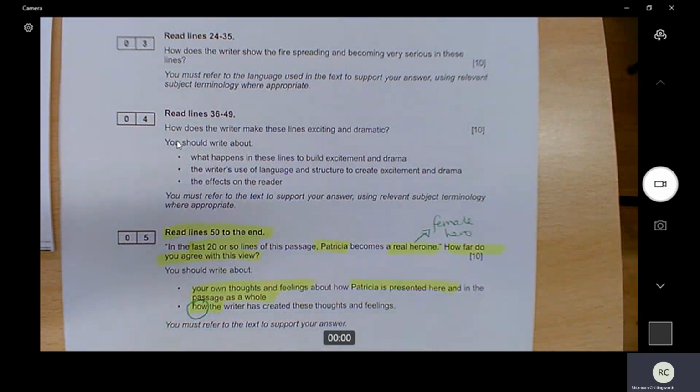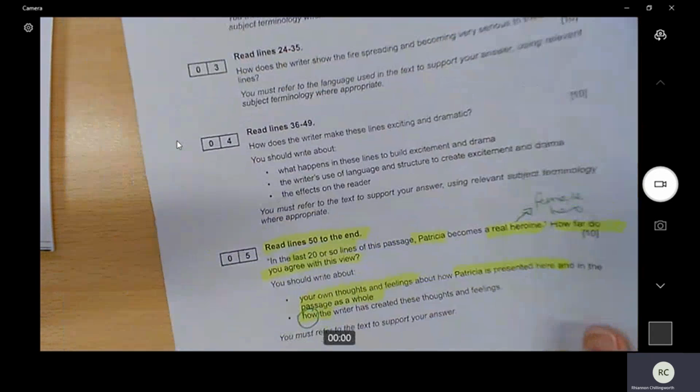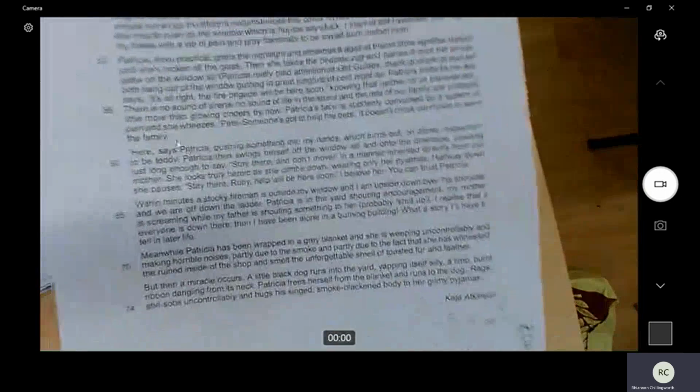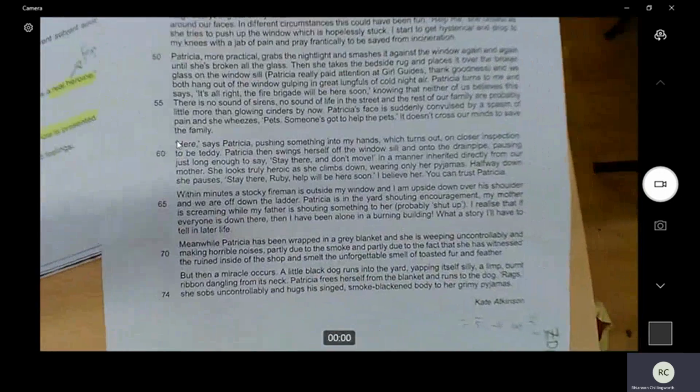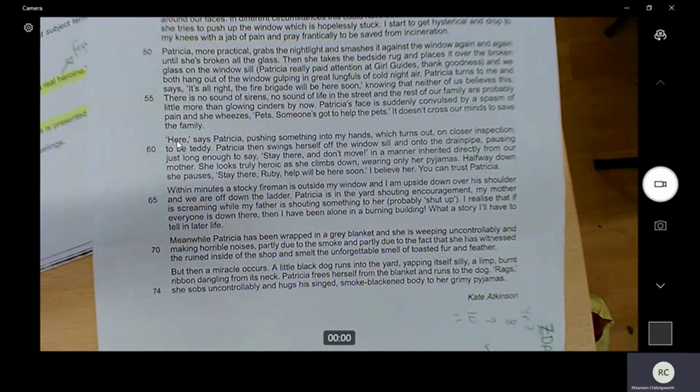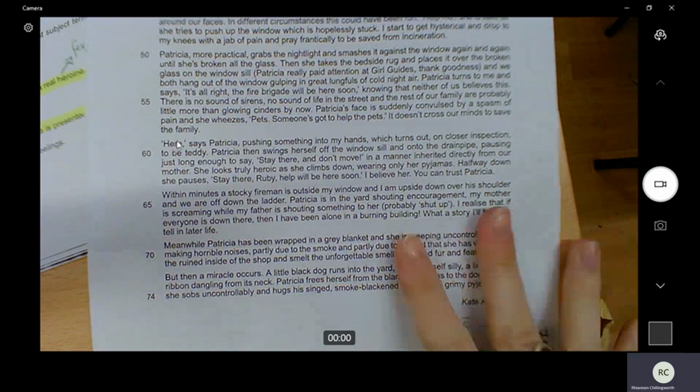Now, the reason why this question is a little bit tricksy is because you could argue Patricia behaves in a heroic fashion before the last 20 lines. I think it would be hard to argue against the fact that in the last 20 lines she essentially saves her sister from burning to death, that she is a hero or a heroine.